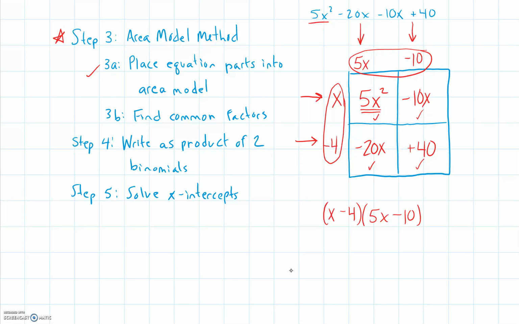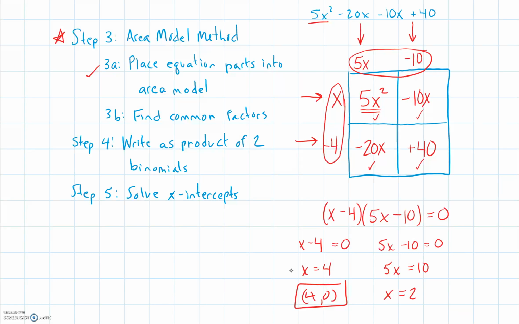So here we are, set it equal to 0, and now we can just solve for the intercepts like we did before and get the same thing. Two methods producing the same answers for us. So it's going to be really up to you what you want to use to be able to factor where the absolute value of a is greater than 1.